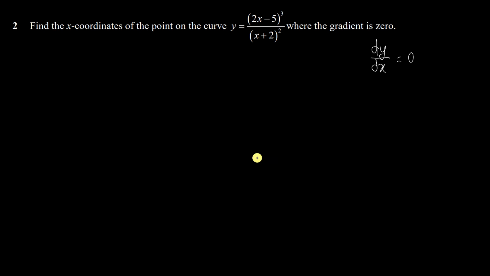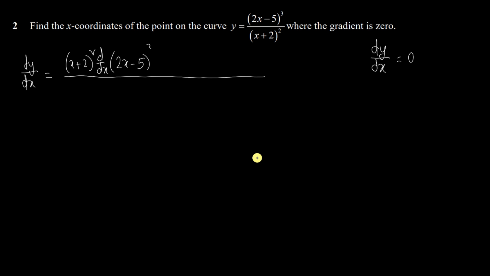So apply the formula. dy by dx: first we write (x plus 2) squared, then d/dx of (2x minus 5) cubed, minus (2x minus 5) cubed times d/dx of (x plus 2) squared, divided by v squared.